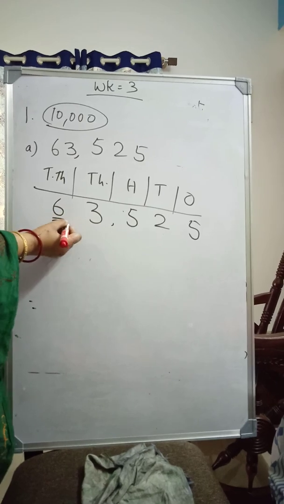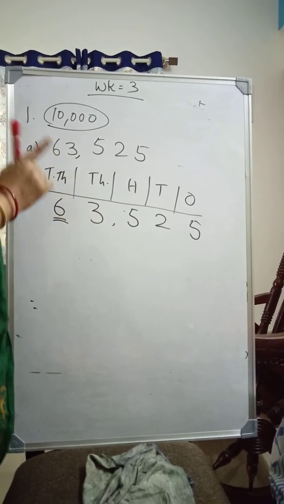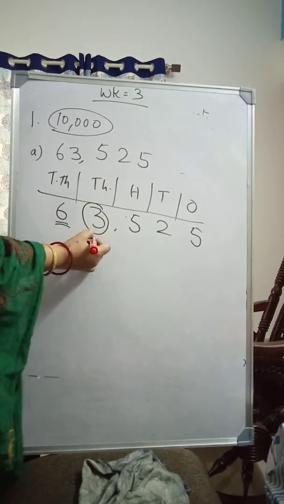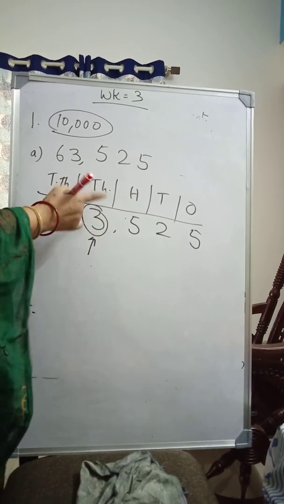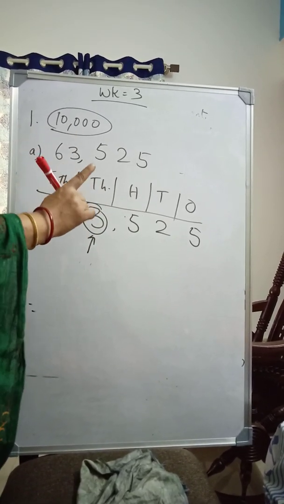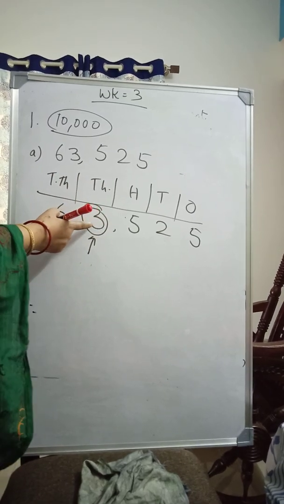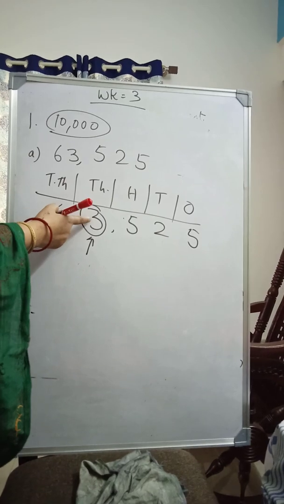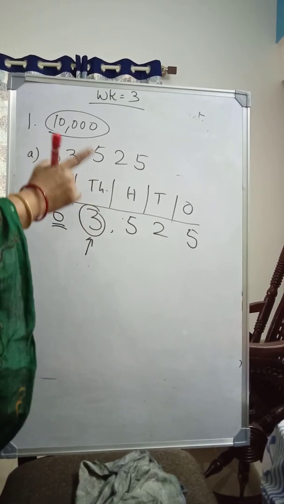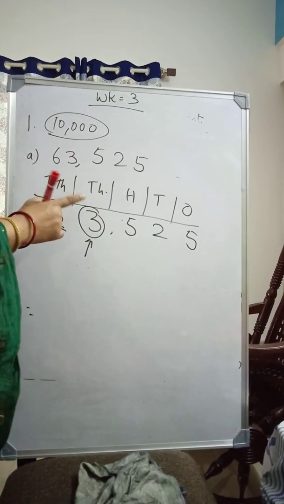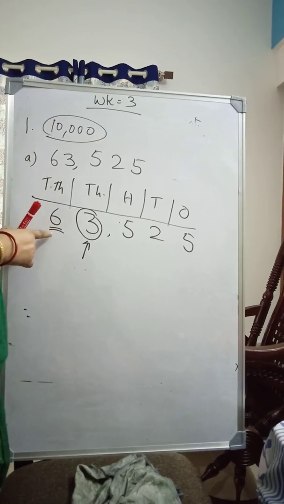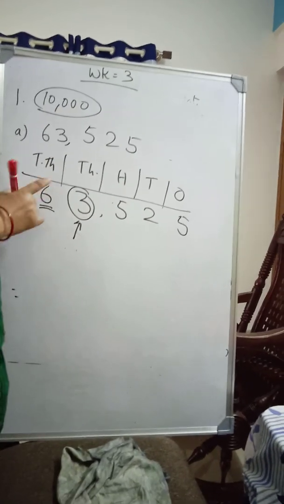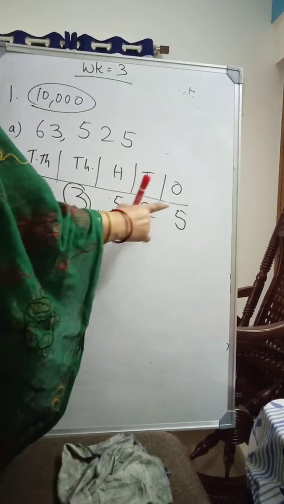So here the digit at the 10,000 place is 6. So where will we look? Look at the digit at the 1,000 place. The digit is 3. When the digit at the 1,000 place is 3, then we have to round off to the nearest multiple of 10,000 which will be less than 63,525.